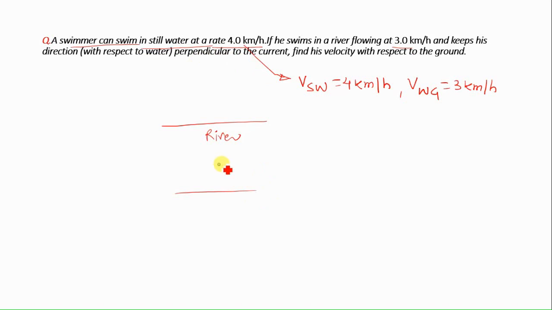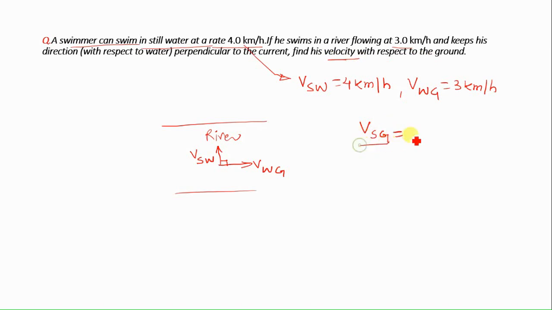Let us suppose this is the velocity of water with respect to the ground, and this one is the velocity of swimmer with respect to the water, because the direction is perpendicular. So we have to find the velocity of the swimmer with respect to the ground.